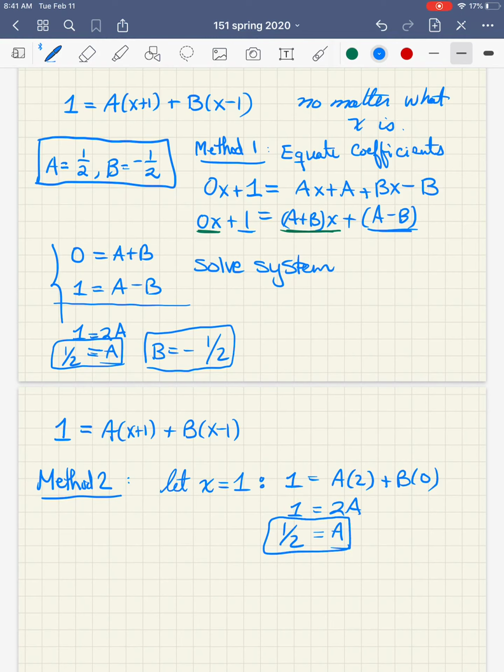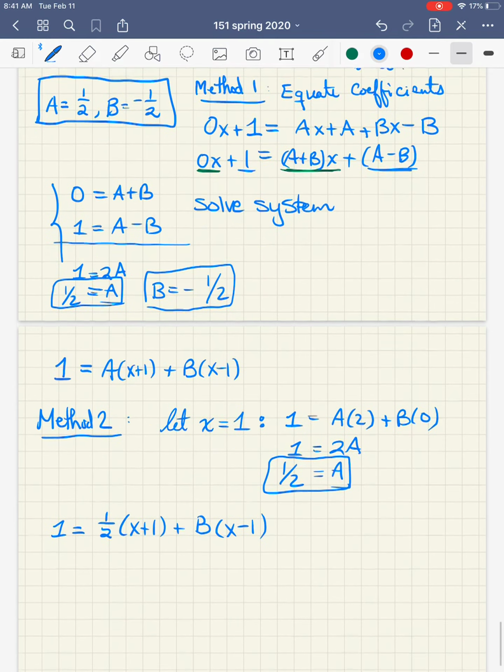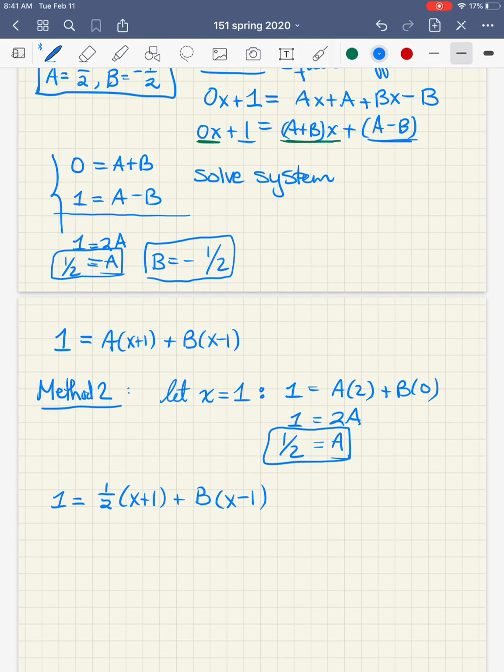And that's really great. Now I could try a different value. So now I rewrite my equation: 1 equals 1/2 times x plus 1 plus b times x minus 1. I still don't know what b is, but I could now try a different value of x. Maybe I could let x equal, I don't know, 7.